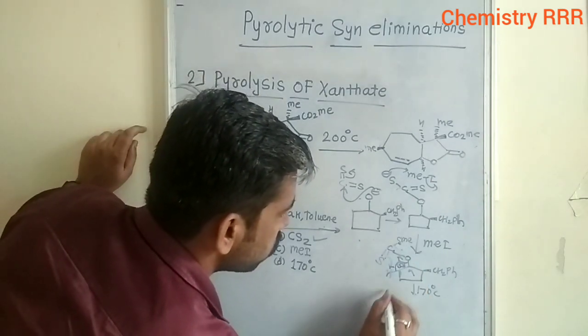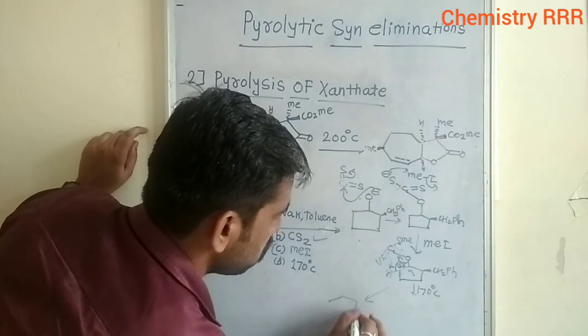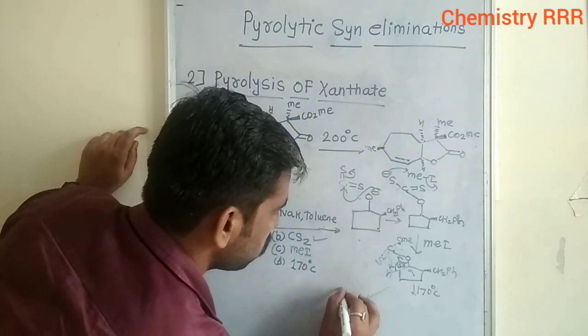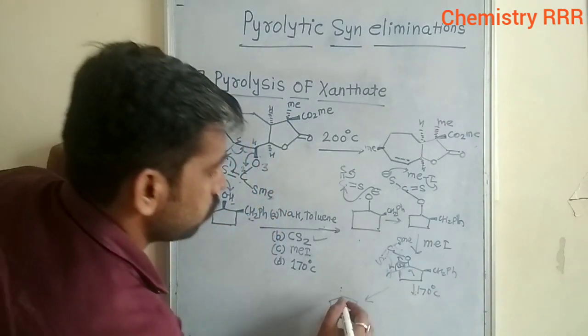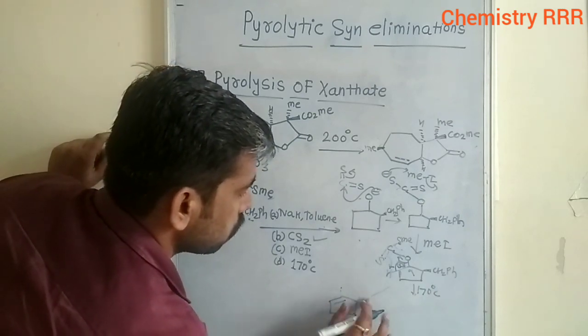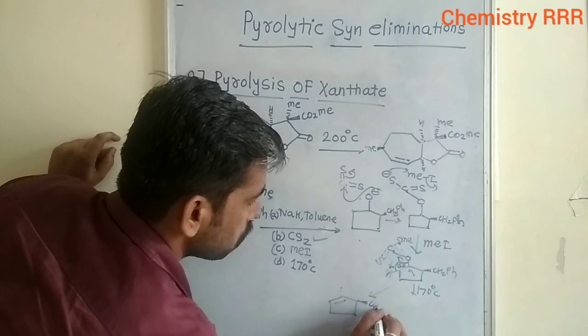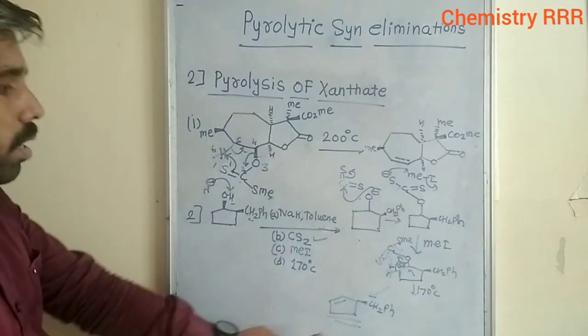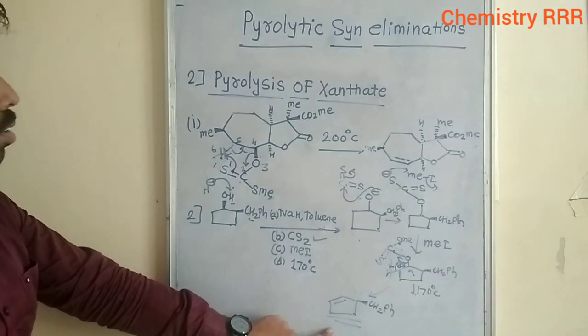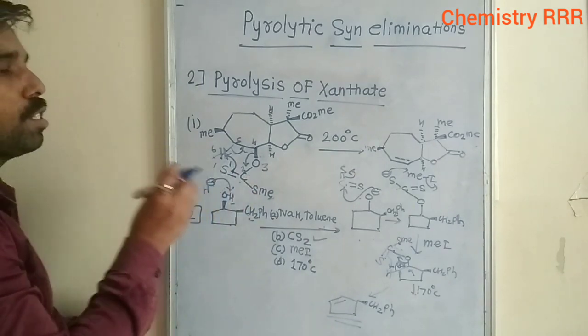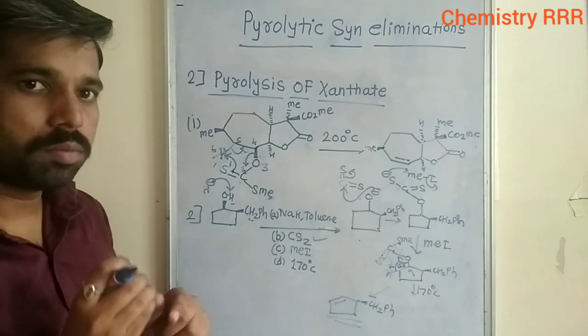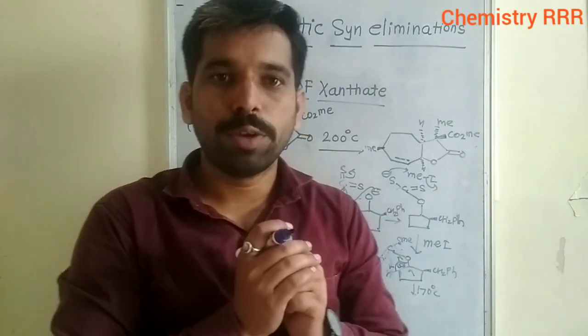And now the structure of the product is, okay, this is the final structure of this product. This is all about the pyrolysis of the xanthate, and this reaction is also called the Chugaev reaction.